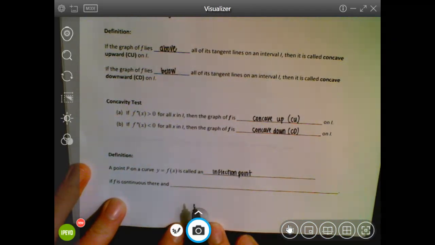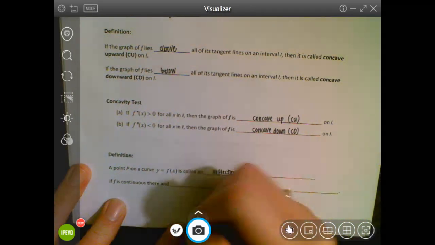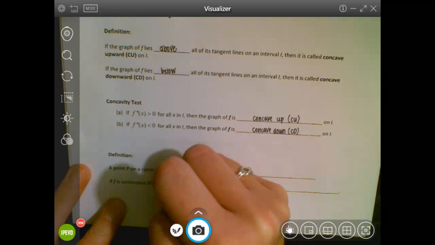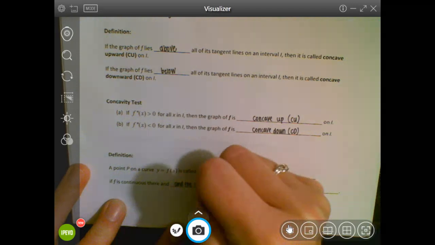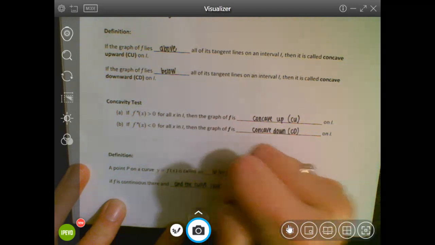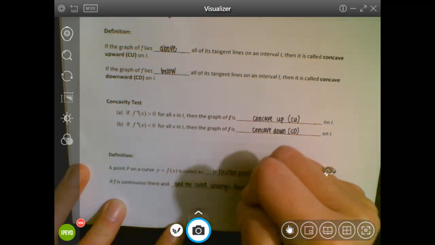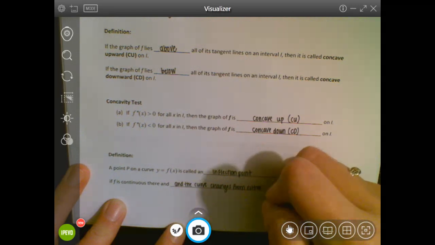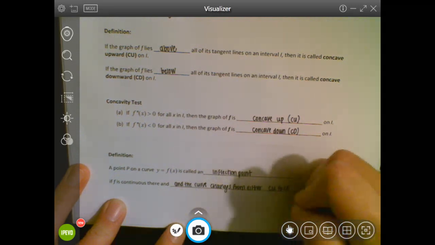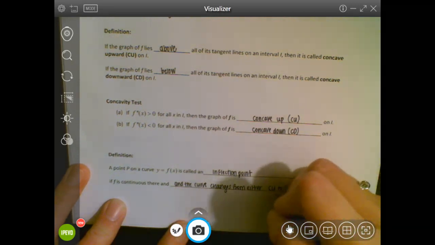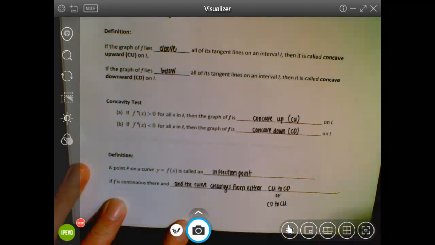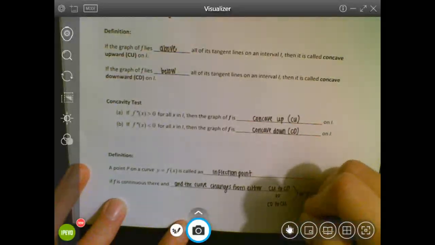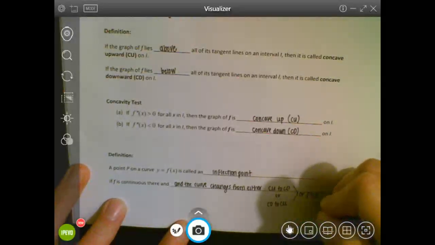And we can say that f is continuous there, and the curve changes from either concave up to concave down, or concave down to concave up, which basically tells us that our second derivative is changing signs.